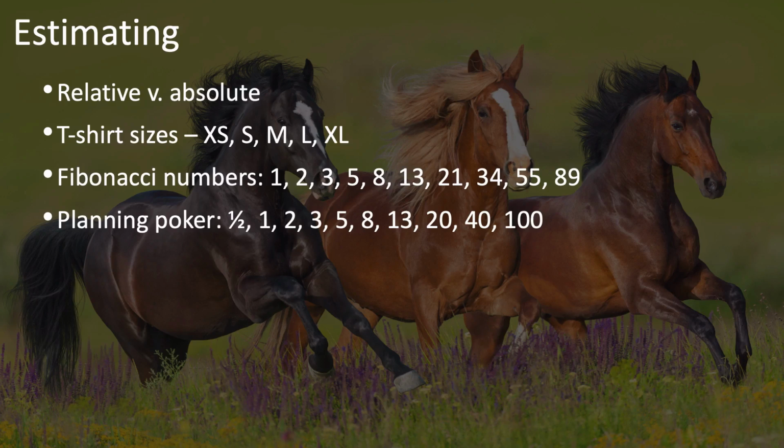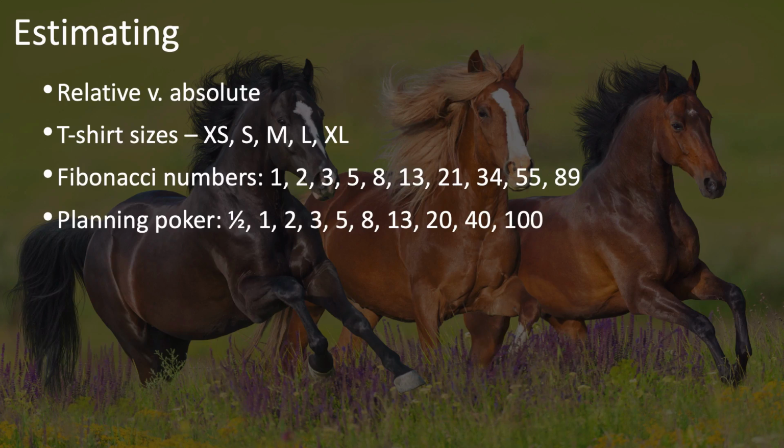We can take a list of tasks and label each as a small, medium, or large task, without knowing how long any of them will take. We can take this a step further and use the t-shirt sizes method and label each task as extra small, small, medium, large, or extra large.